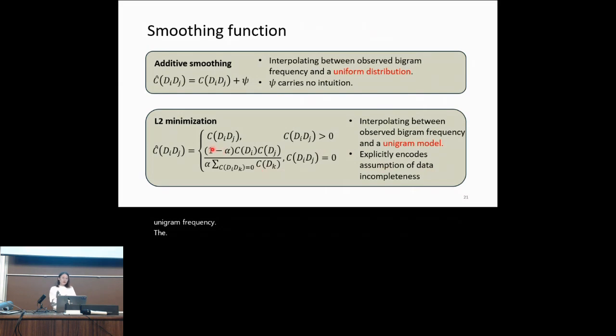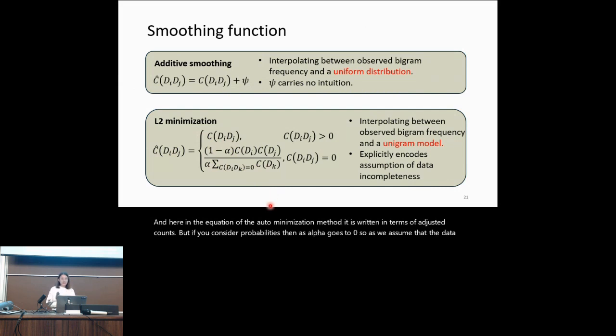And here in the equation of the L2 minimization method, it is written in terms of adjusted counts. But if you consider probabilities, then as alpha goes to 0, so as we assume that the data is more incomplete, the probability of a bigram is proportional to the product of unigram frequencies.